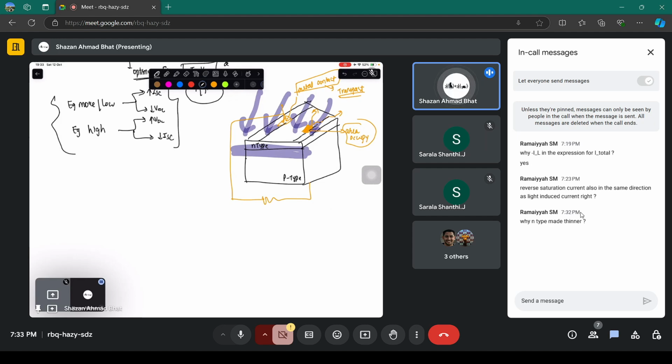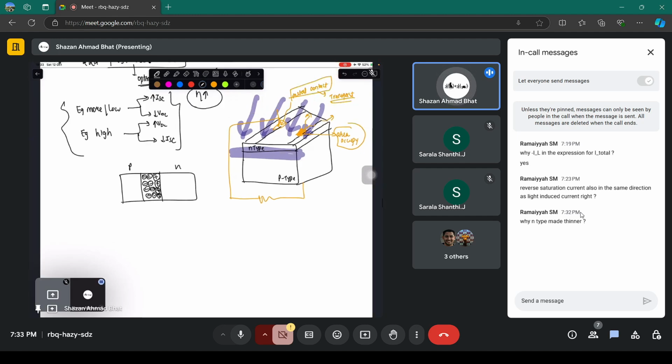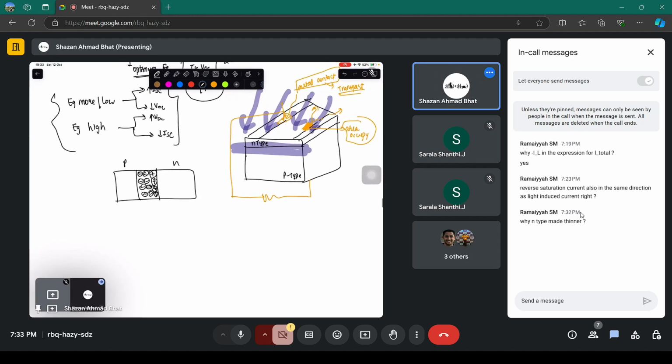This is basically because, let's say, with a p-type and an n-type, you have a depletion region here. Let's assume, for example, you have the p-type on the top side of the solar cell, where the light is coming.